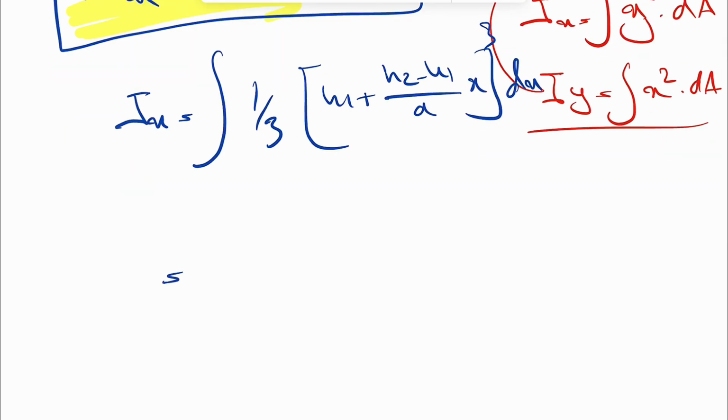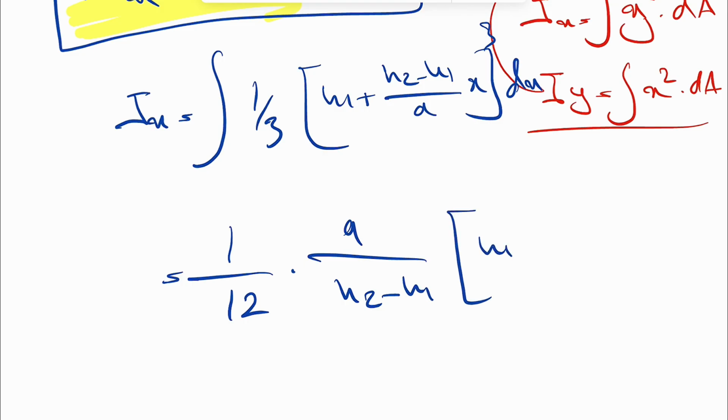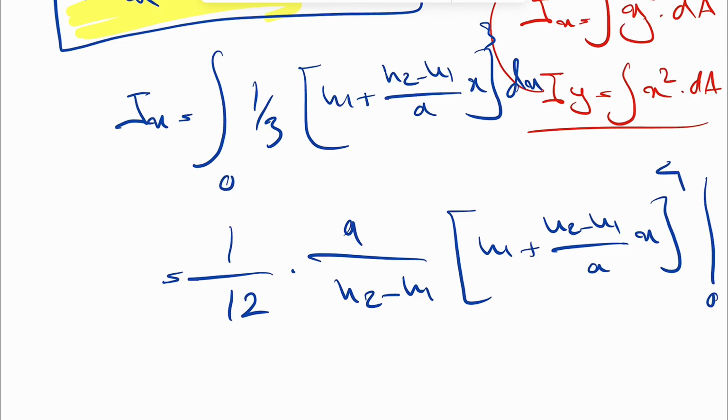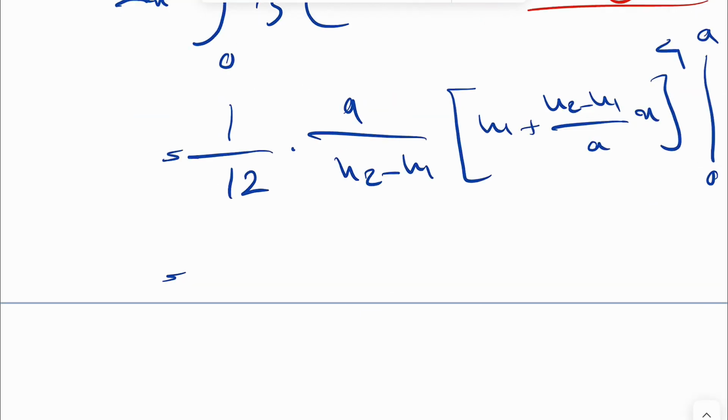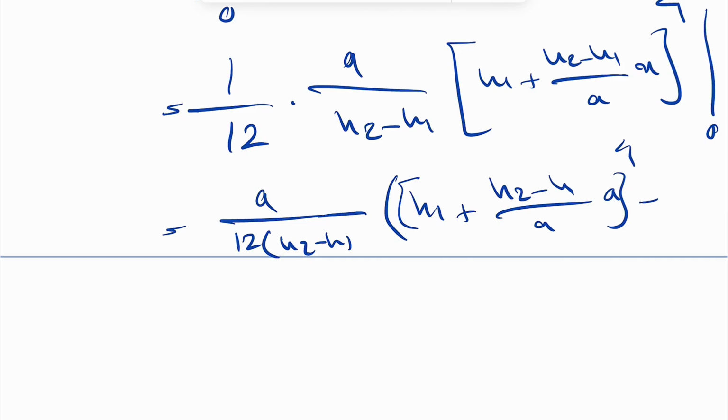And for this integral, we're going to have 1 over 12, also a over (h2 minus h1), and everything inside of the parentheses to the power of 4. And our integral is from 0 to a. So a over 12 (h2 minus h1) all to the power of 4, negative, and with 0 it's going to be h1 to the 4.